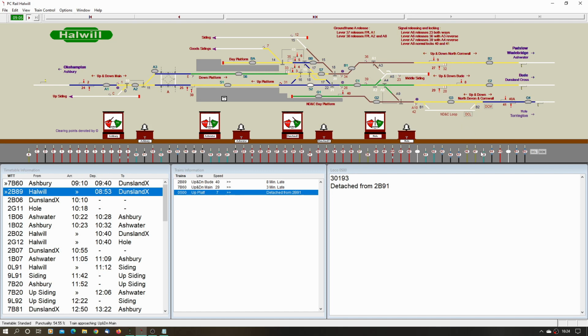Really, so I think we need A7 as well. Let's try 39. Yes, got the signal. So the lock, I don't need the lock. Right, it's unusual, it being a facing movement, but obviously it's not a passenger train going into the middle siding.